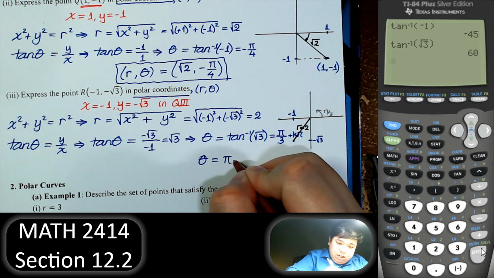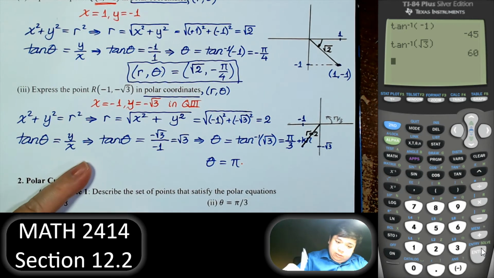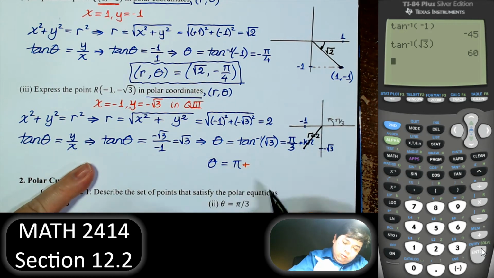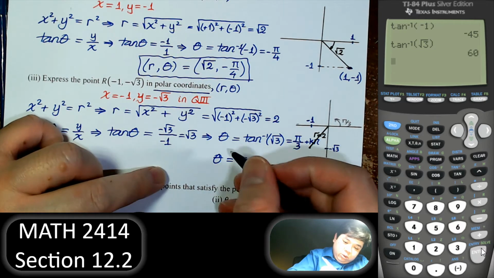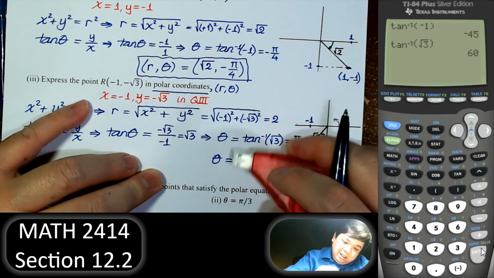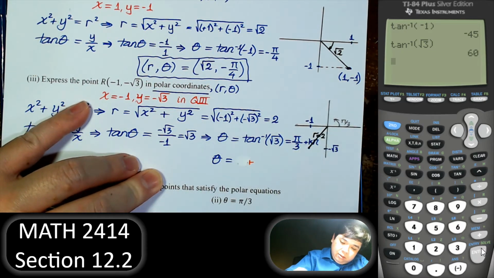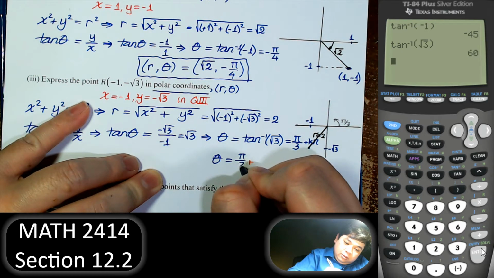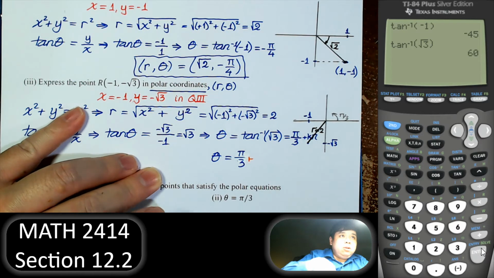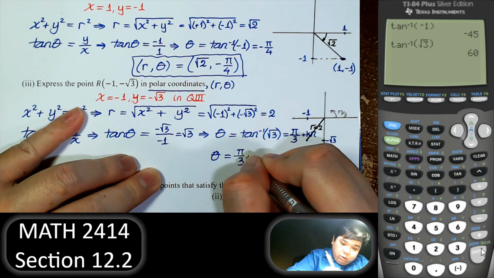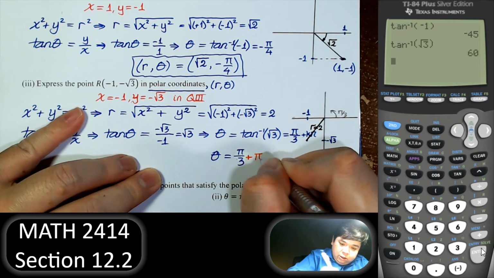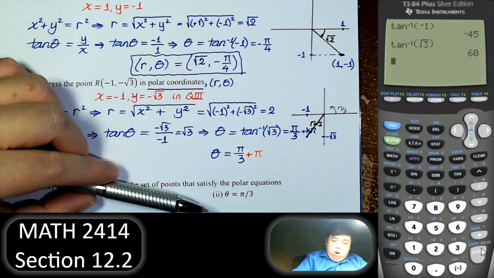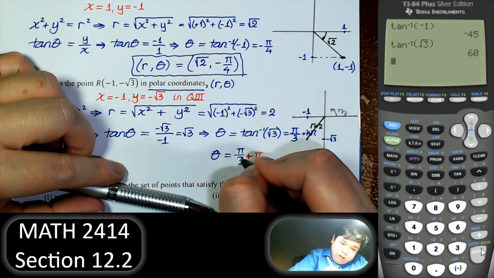So we start with pi over 3 and we add a pi to it, so it will be in the right quadrant.